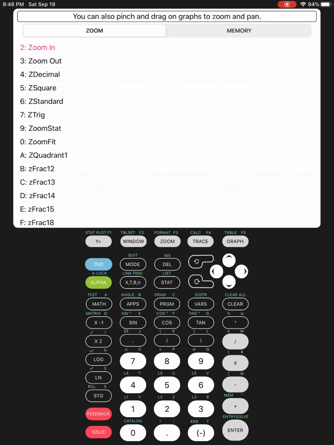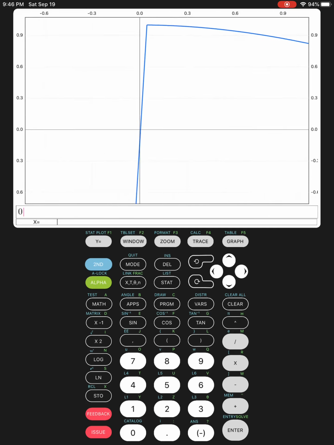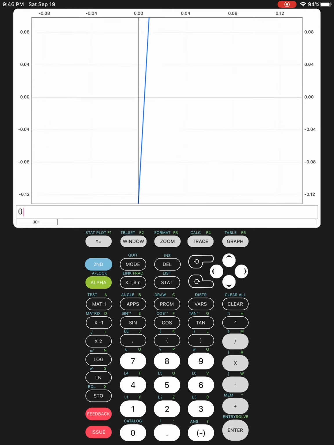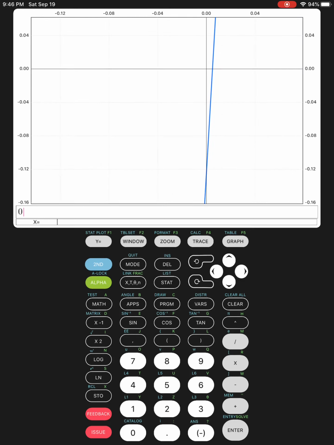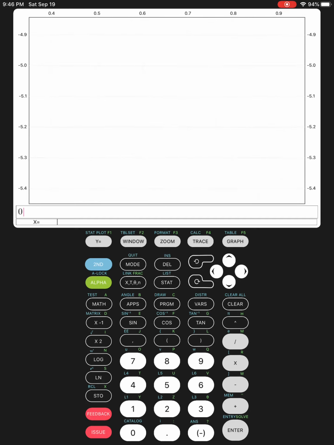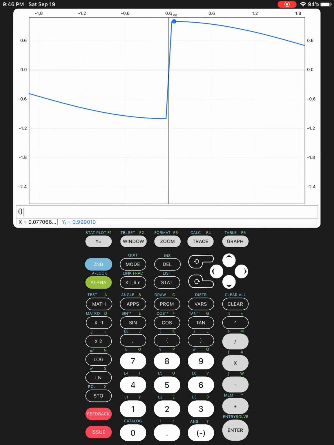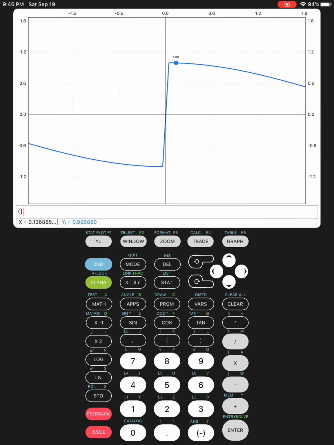But, you know, on a regular calculator, you can do zoom in using the zoom button. We want to figure out what happens when x equals 0. It's being weird, displaying odd behavior. Aha, that's what I wanted to do.